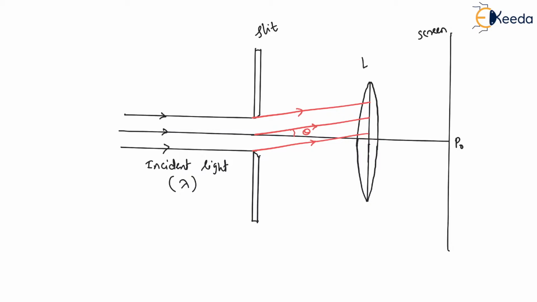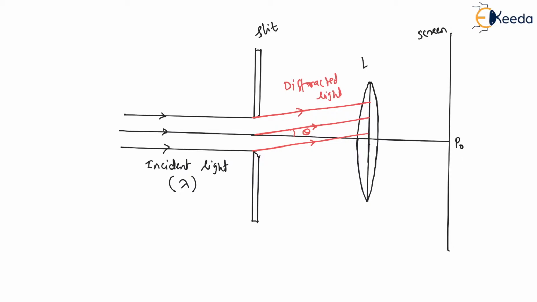So now see this diffracted light, it will hit the lens, and then this biconvex lens will converge all these rays at a single point.